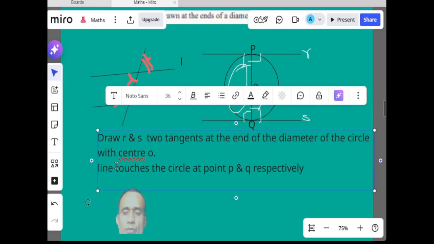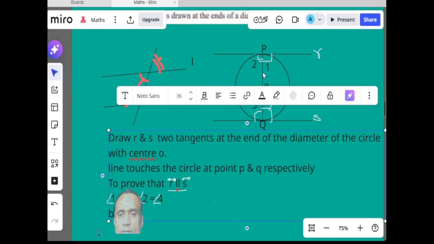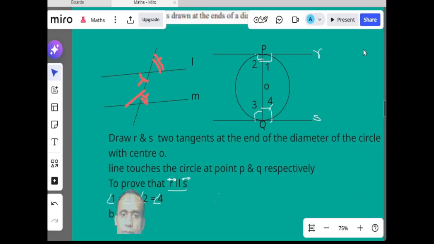So we need to prove that R is parallel to S. I named these angles as 1, 2, 3, 4. So we see that angle 1 is equal to angle 3 and angle 2 is equal to angle 4.